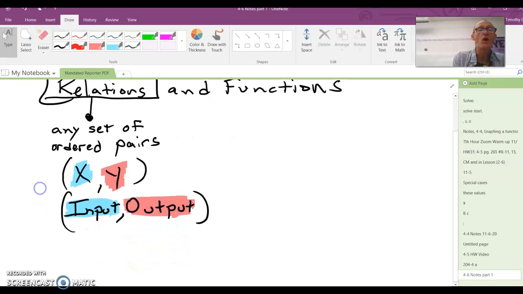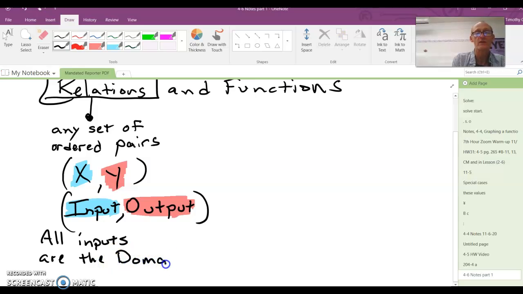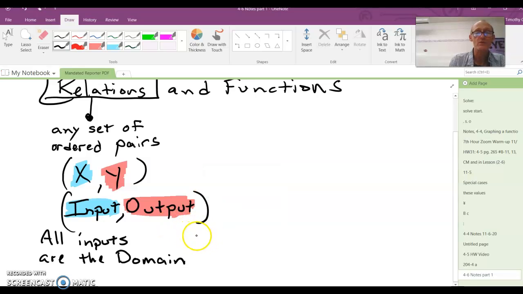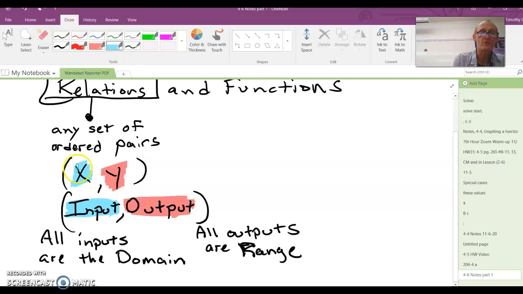So all the inputs are called the domain. That's a key word there. And then all outputs are the range.